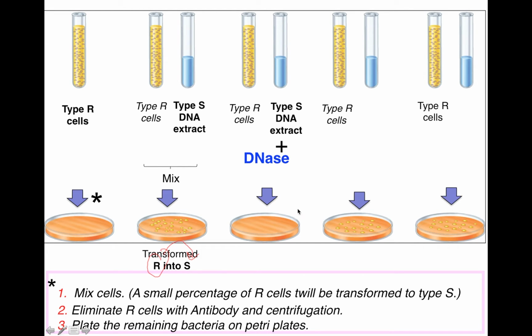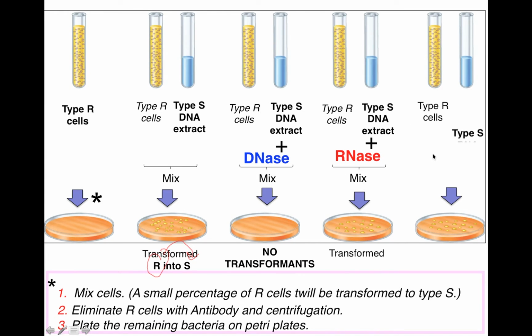If they treated their extract with RNase instead, they got transformed. So it wasn't any RNA in this, because if you eliminated the RNA, you still got transformation. And also, if you treat with proteases, you were still able to transform.